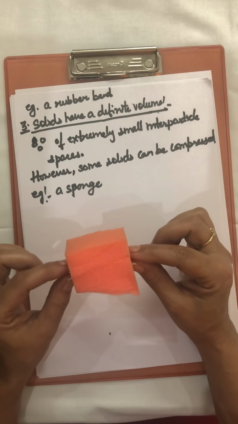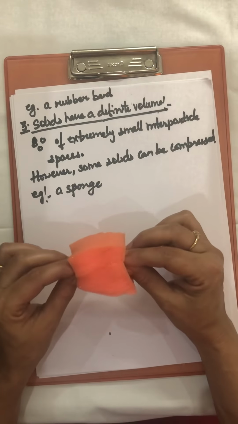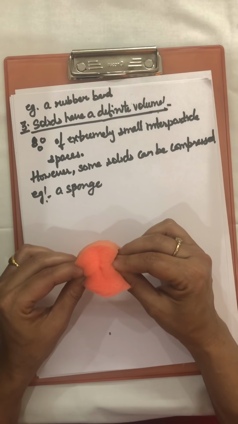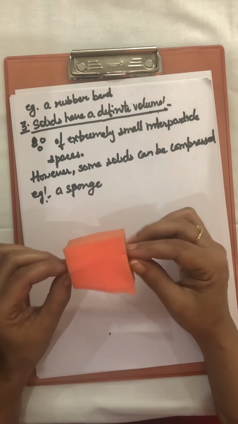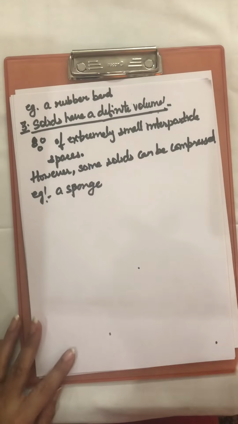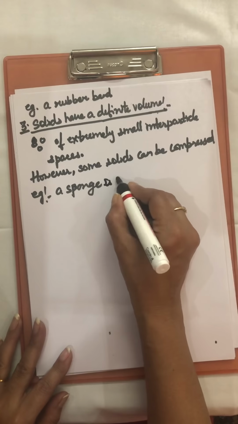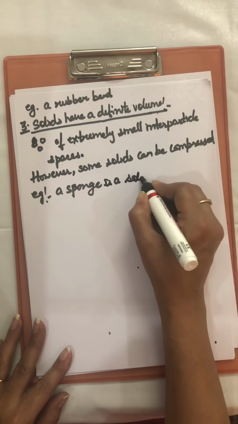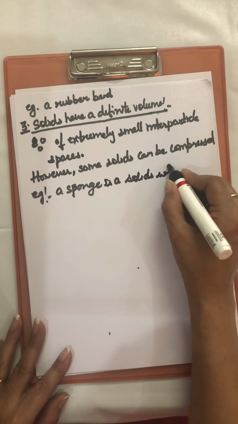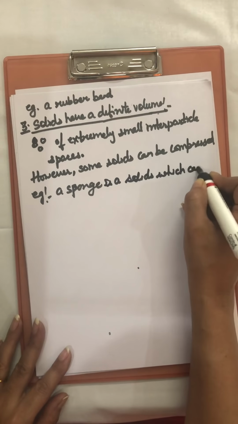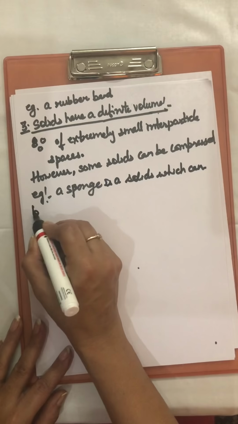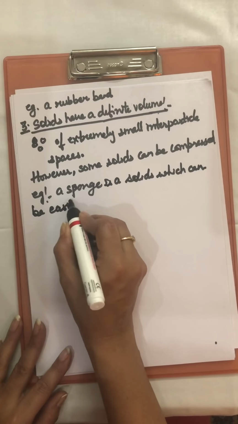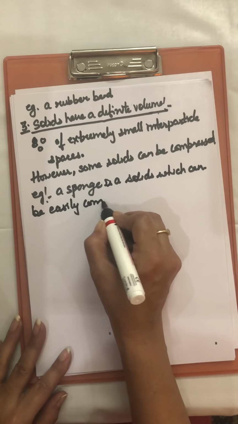But then why is it solid if we can change the volume of this sponge? A sponge is a solid which can be easily compressed.